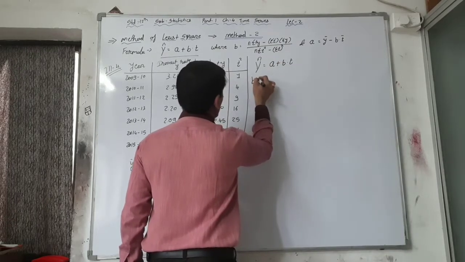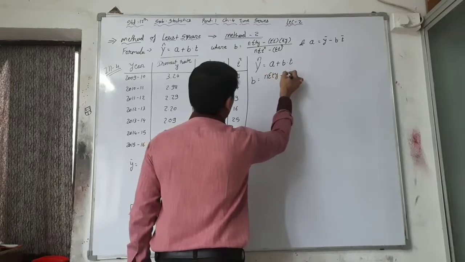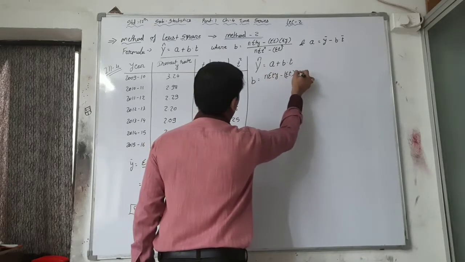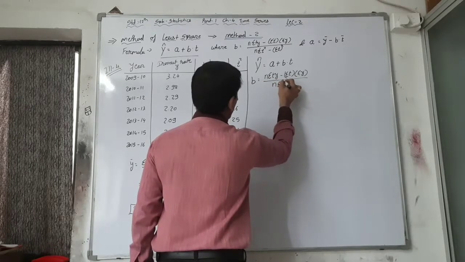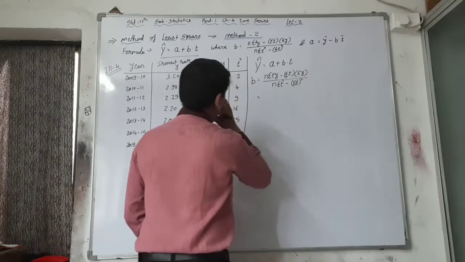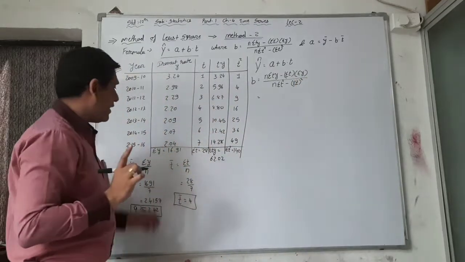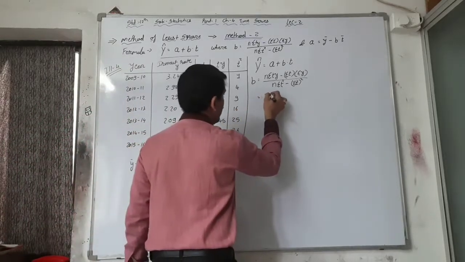In that, first of all, b is equal to n sigma ty minus sigma t into sigma y upon n sigma t square minus sigma t all square. What is your n? Here your n is 7 years. That's why n is 7.